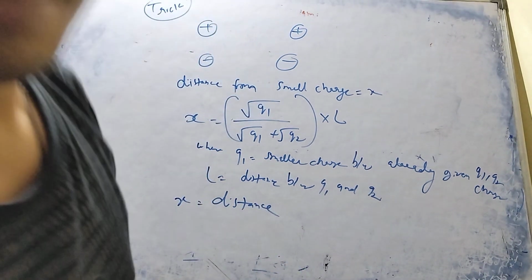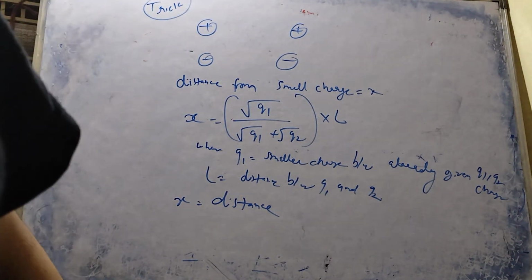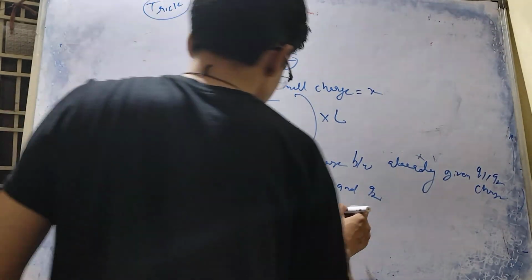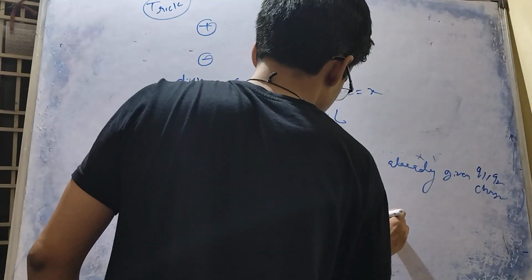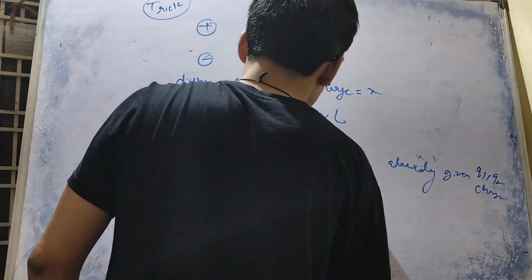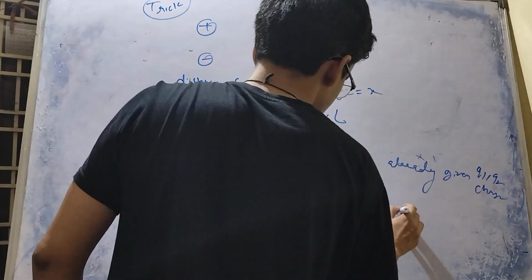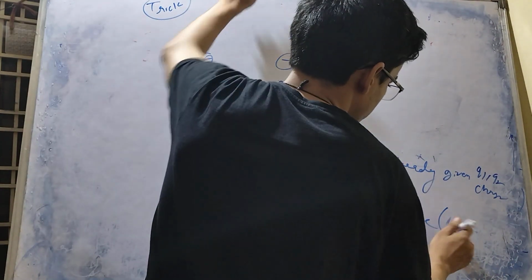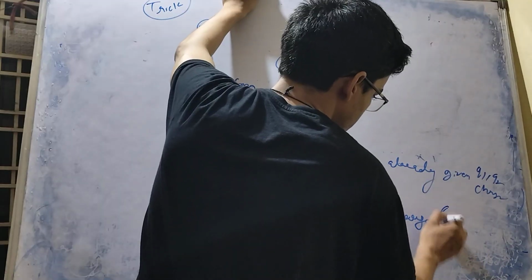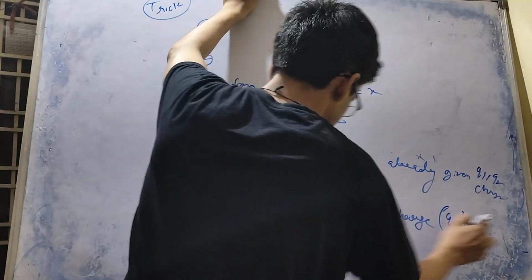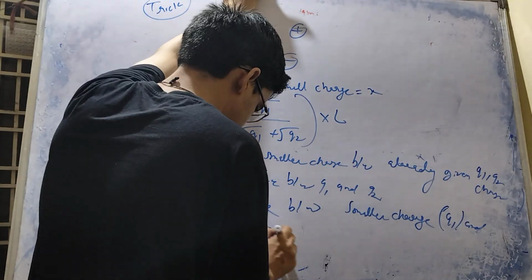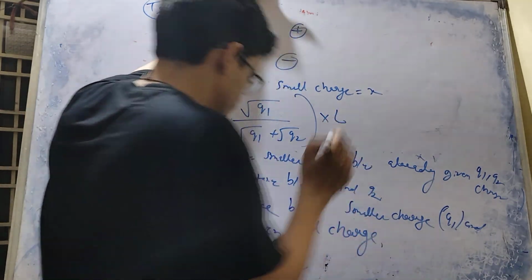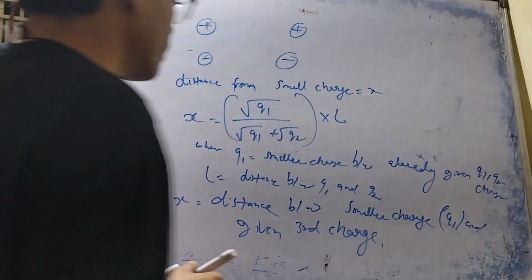Distance between Q1 and this smaller charge, and like Q1 and the given third charge, root Q1.